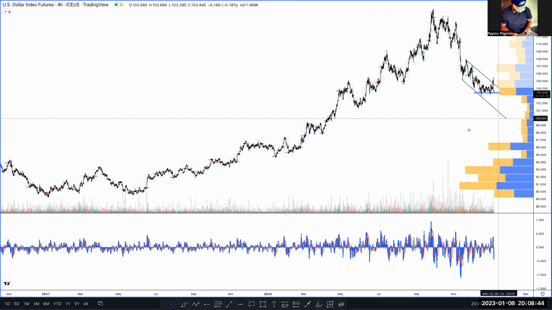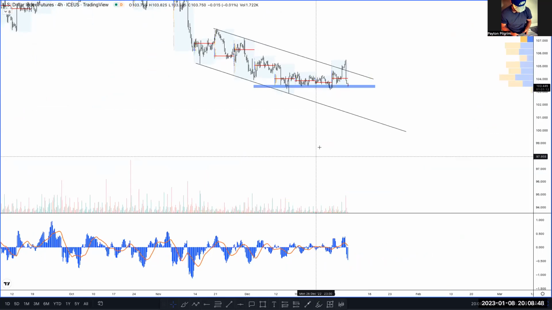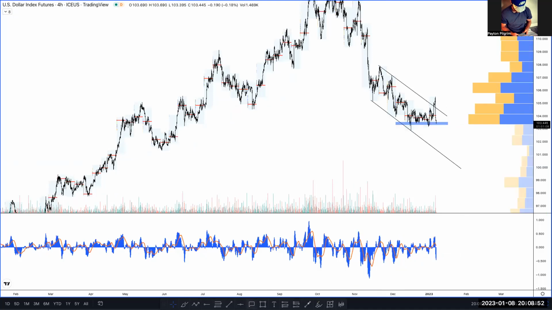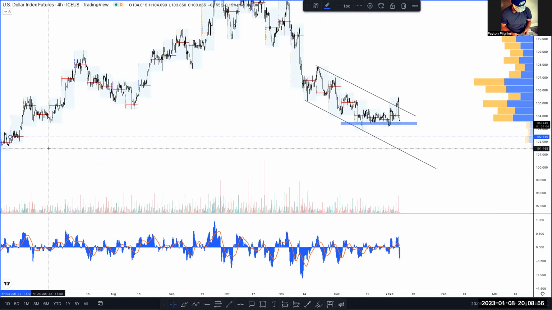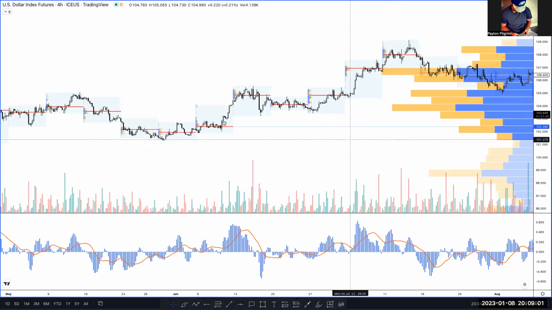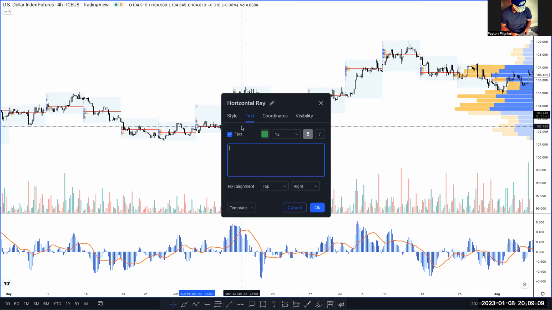But ultimately, if we do get another shot down at this area, I'll be looking for the market to come into something like this, which is an untested point of control. So the week that there was a lot of demand right here, a lot of demand came into the market this week, back in June. So this was just an area that has not been tested yet.